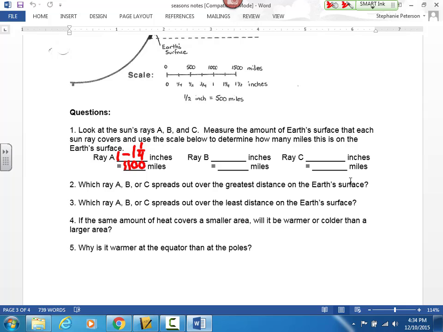Ray B covers approximately a 1/2 inch, which would be approximately 500 miles. And ray C covers approximately a 1/2 to maybe 3/4 of an inch. And so we could estimate that at about 550 miles.